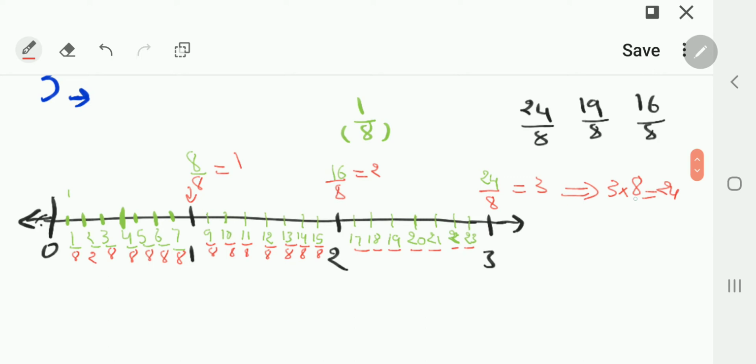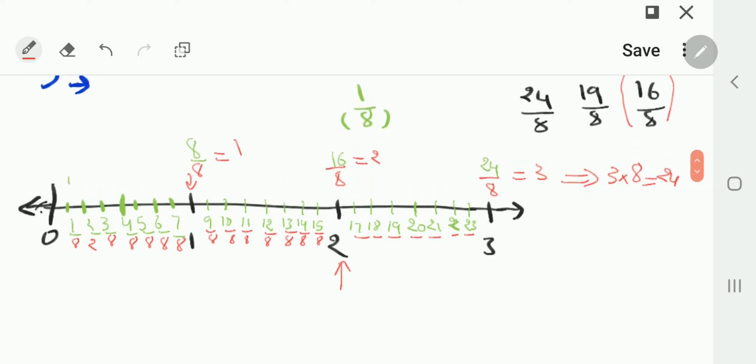Now my problem becomes super easy. I can just go ahead and locate. Start with the small one. What is the small one? 16/8. What is 16/8? It's here, right? 16/8 is exactly 2. So 16/8 is at 2. And then 19/8 is here. And then 24/8 is exactly at 3.